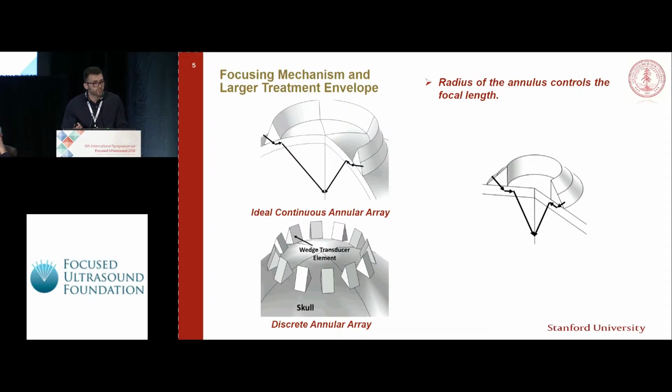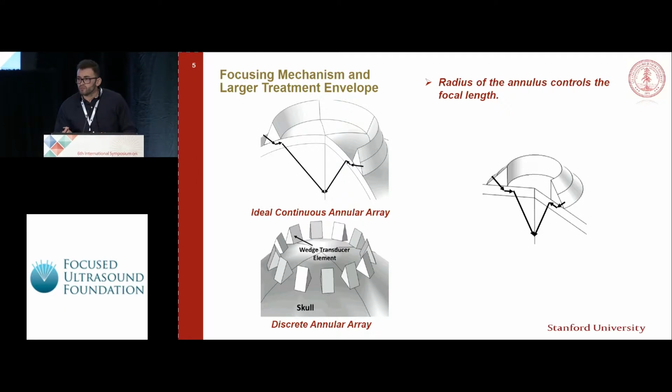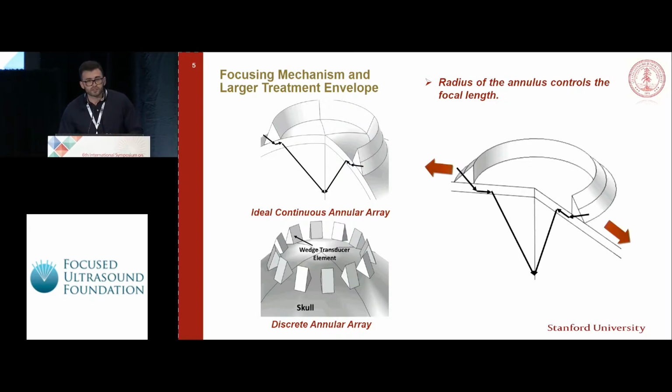Of course, the next question is how would you achieve focusing? This is typically done by putting these transducers over a ring and forming an annular array. If you control the radius of this annulus, you can control the depth at which you focus by just changing the radius of the annular array.